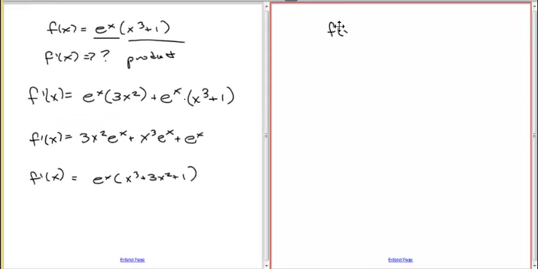Let's say I gave you something that looks like this. So it's not a product, and it is a quotient, but when you just have a constant in the numerator, you really want to use the chain rule in this case.